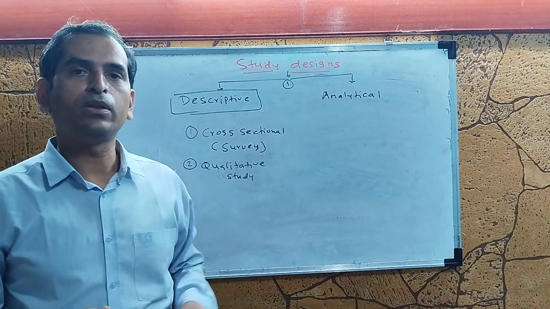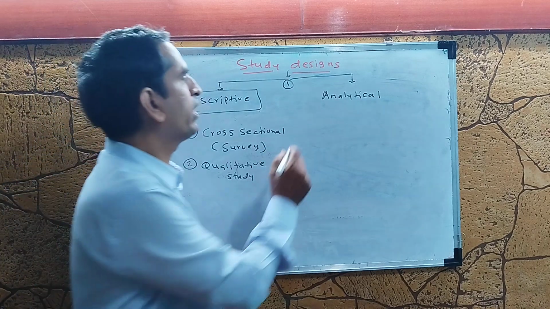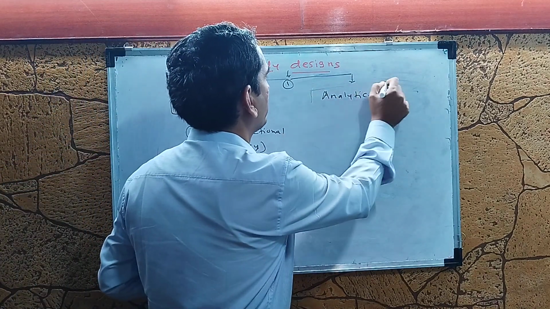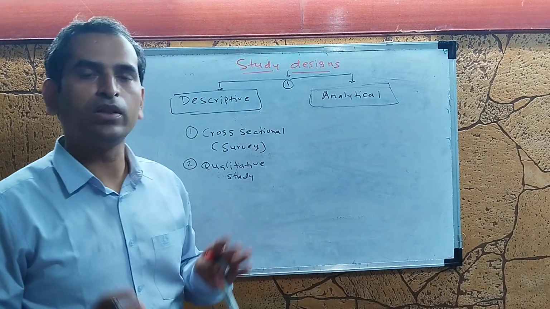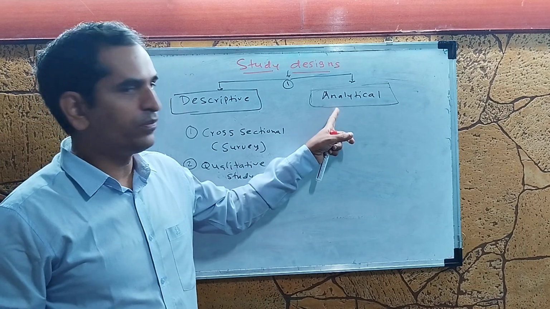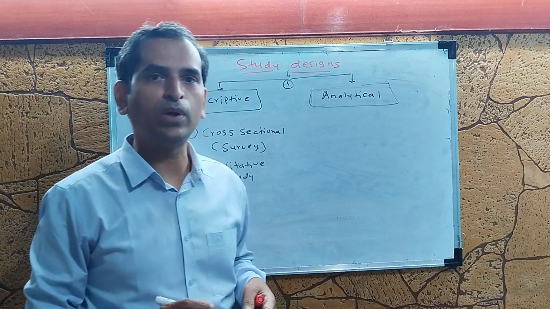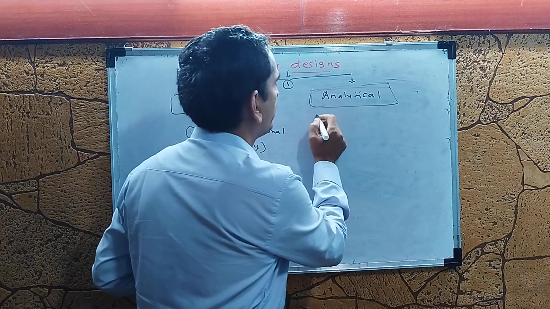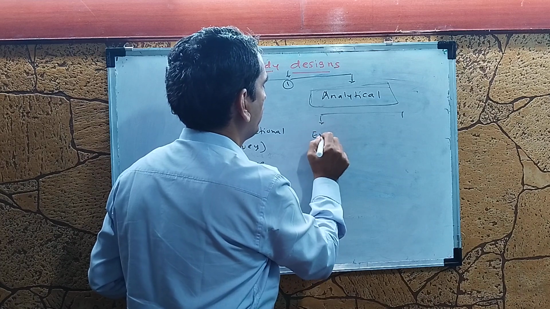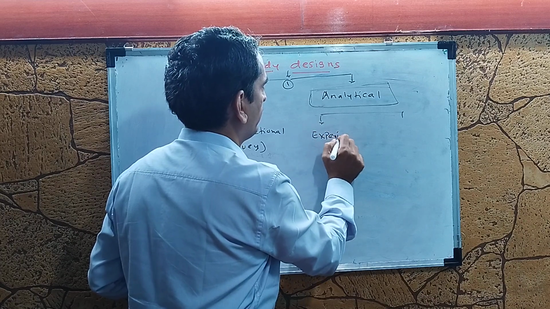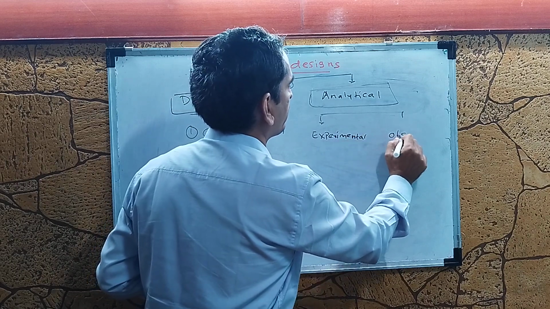When the objective of the researcher is to do an analytical kind of study, that means some kind of analysis, analytical studies are of further two types. So whenever the answer is analytical, the second question the researcher needs to ask is: is the study experimental in nature, or is it observational in nature?